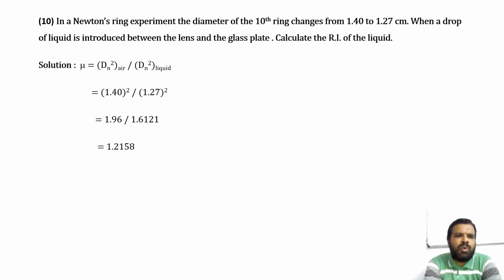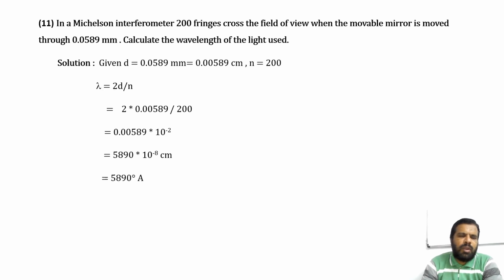Mu is equal to dn square in air divided by dn square in liquid, that is equal to 1.40 whole square divided by 1.27 whole square, that is equal to 1.96 divided by 1.6125, that is equal to 1.2158.